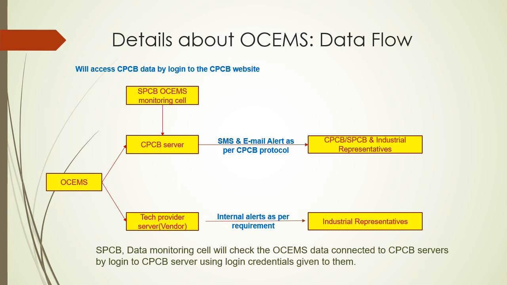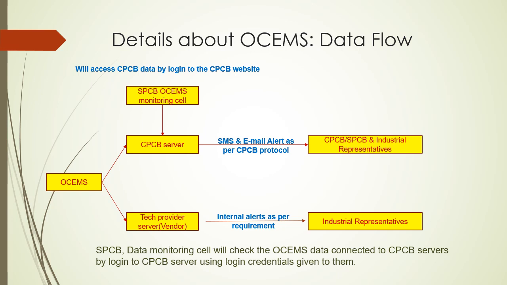Now, details about OCEMS and how the data flows. Of course, access to CPCB data is by logging in to the CPCB website, and from OCEMS there are two data flows. One is to the CPCB server, and from the CPCB server it goes to the CPCB and SPCB and the industrial representative.